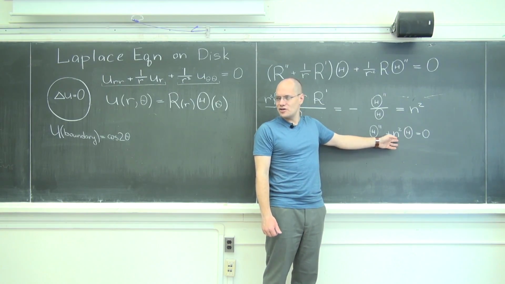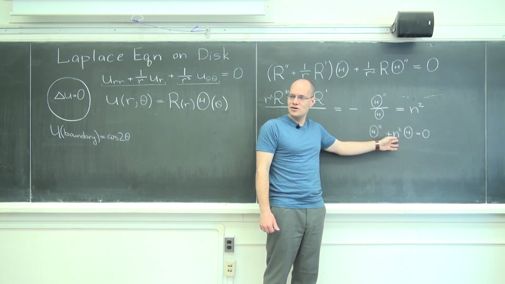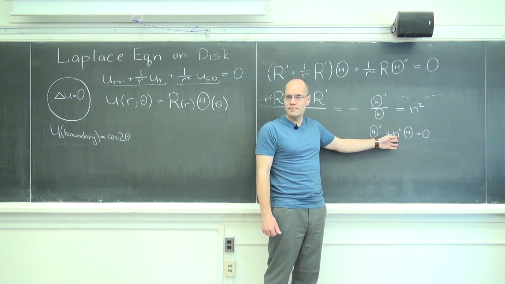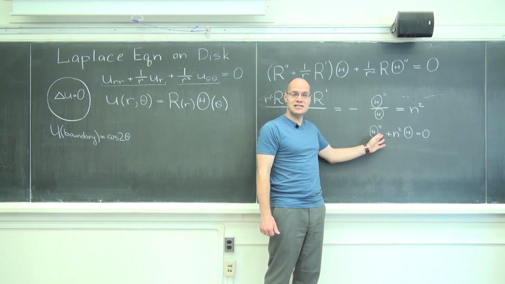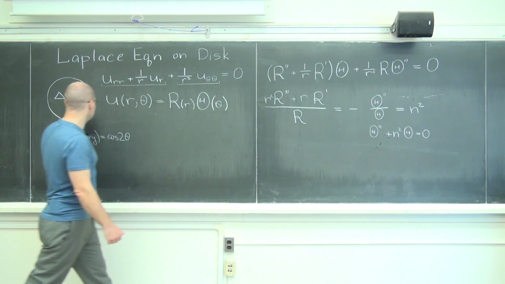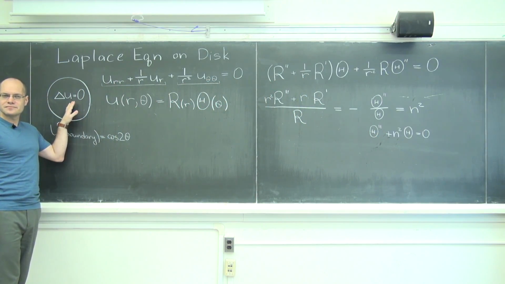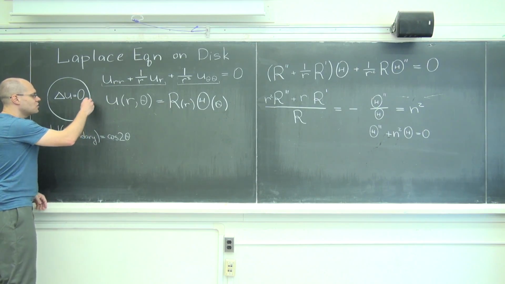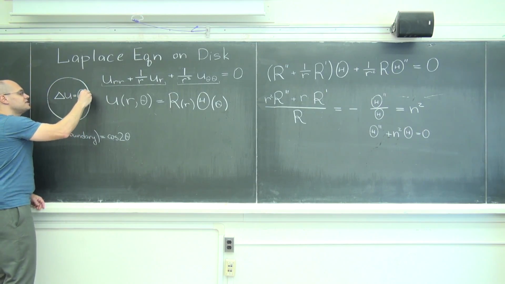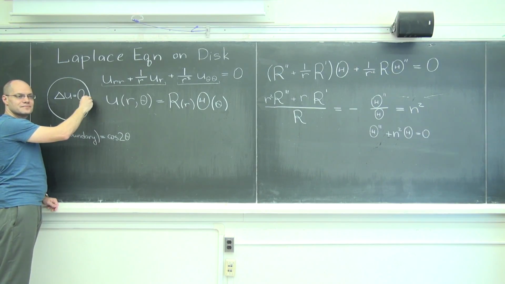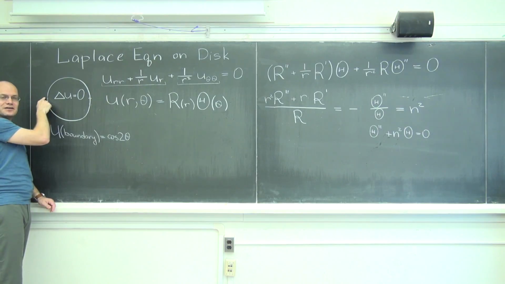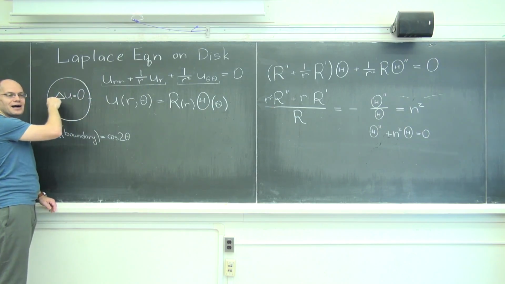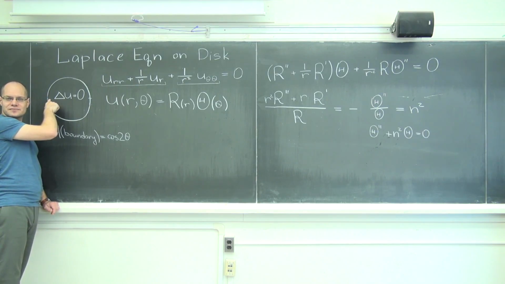Well, let's see. Let's start thinking about initial conditions or boundary conditions. Let's start making sense of what we've got. Whatever this function is, we're looking for smooth solutions here. And so as you go from 0 to 2 pi, if you want to think of the rip as being here, or if you want to think of the rip as being here, from minus pi to pi, it has to come right back to where it was.